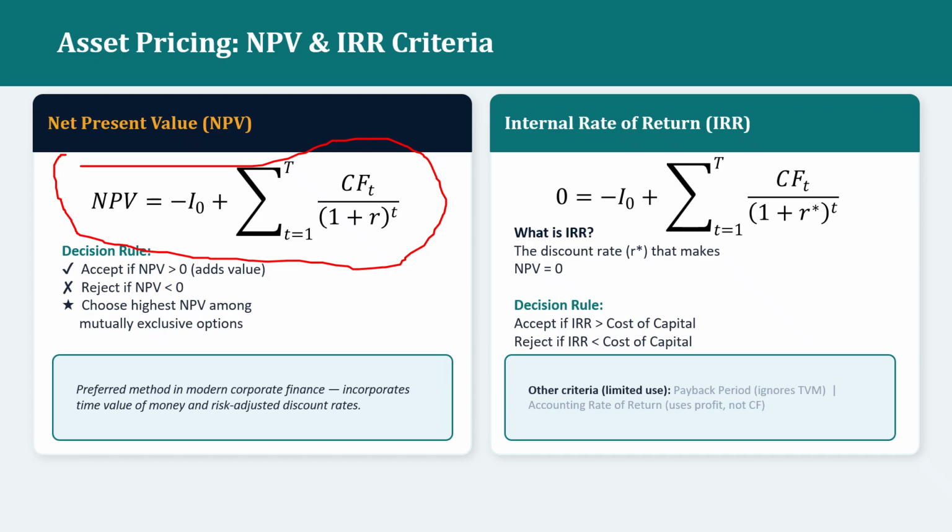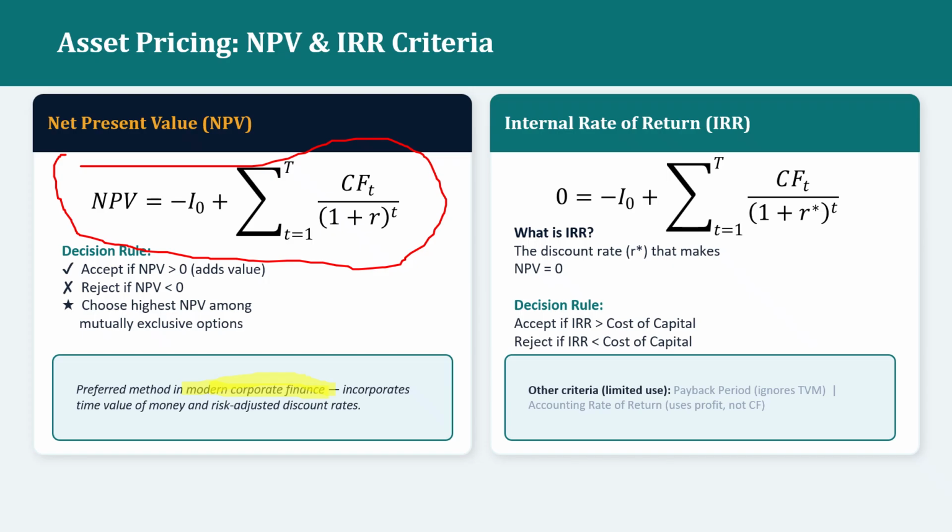Whenever you study modern corporate finance, or any finance studies in future, you will find that NPV is the one key tool used to study the value of projects, because it properly uses the time value of money and allows us to incorporate risk through an appropriate discount rate.